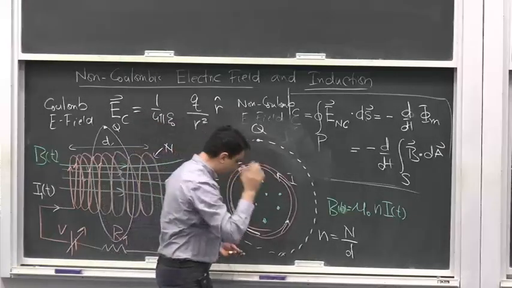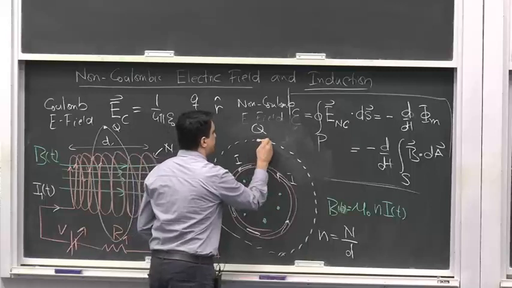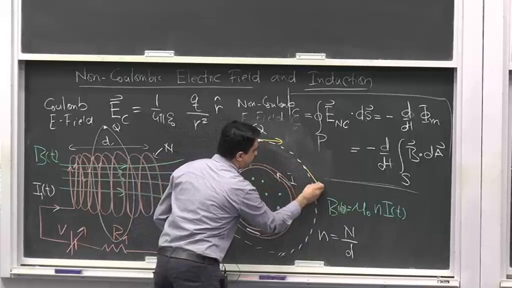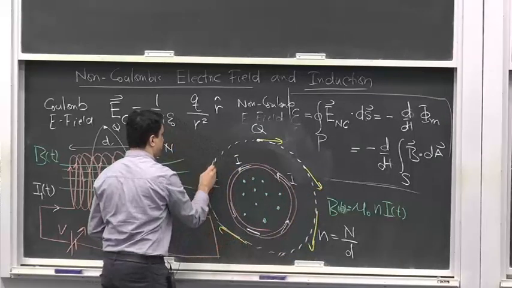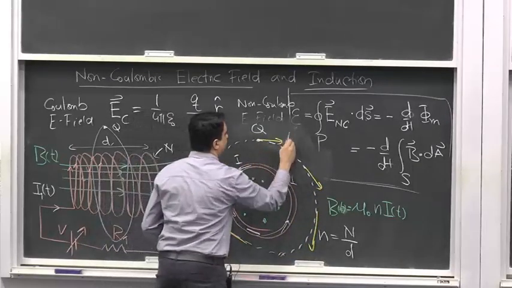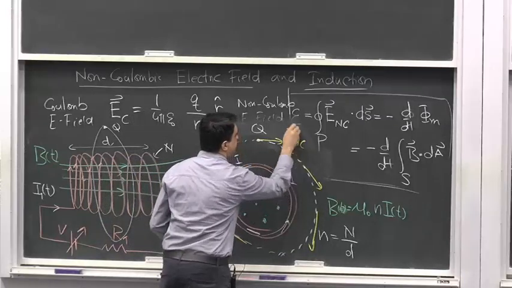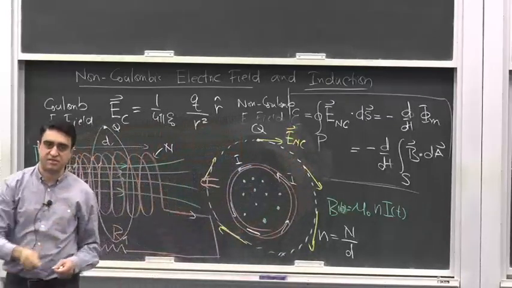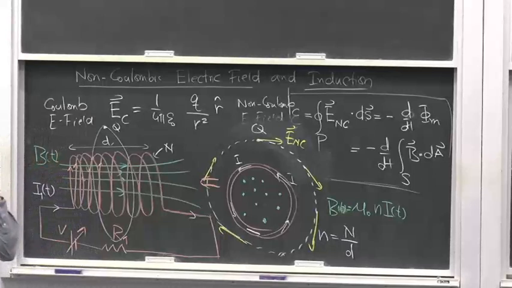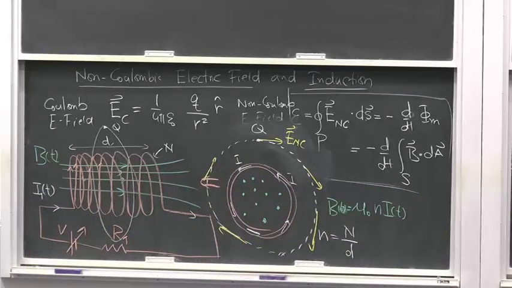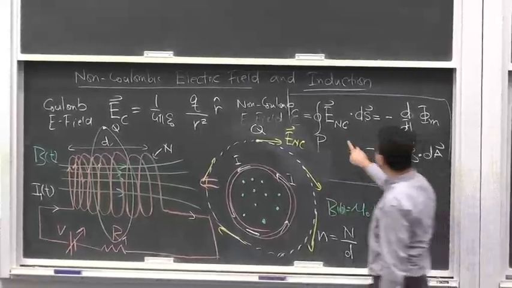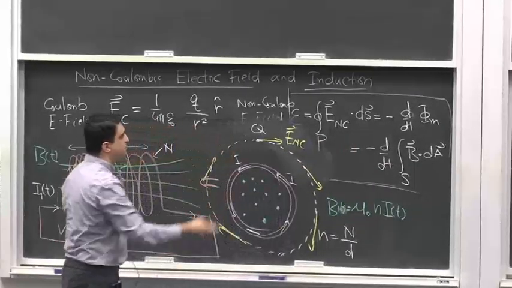So if I intuitively write the field vectors, it should look something like this. These are the non-Coulombic electric field vectors which I have drawn along this circle. But you have to do a path integral, so you can define your path.